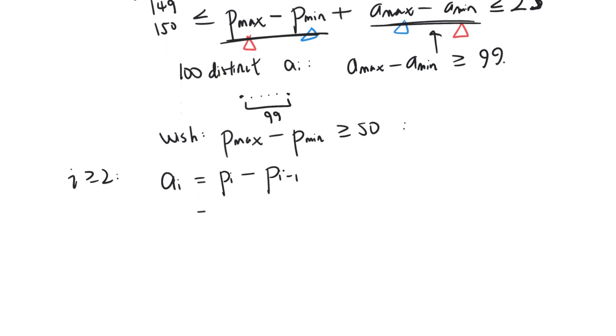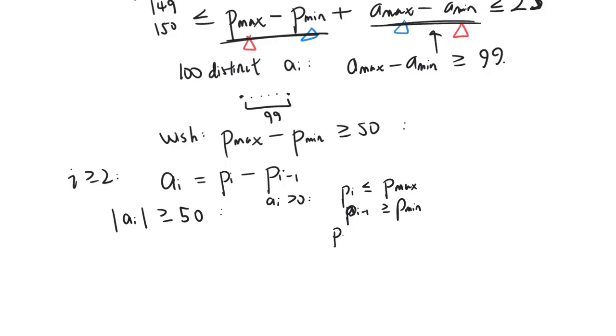What's really nice is that if we have any AI with I greater or equal to 2 that has absolute value greater or equal to 50, then for example if AI is positive, we know that PI is less than or equal to P max, and we know that PI minus 1 is greater or equal to P min.